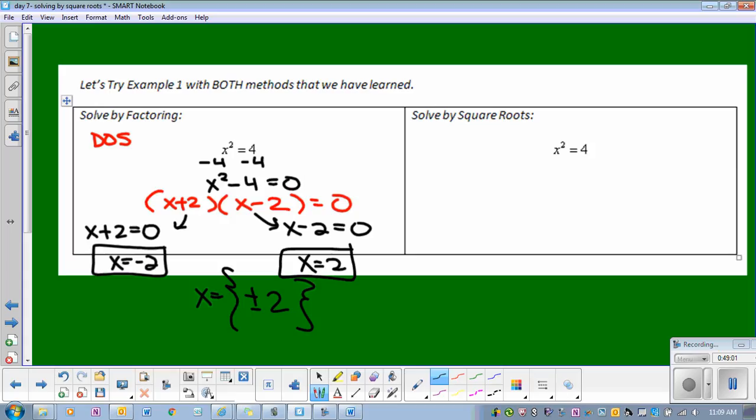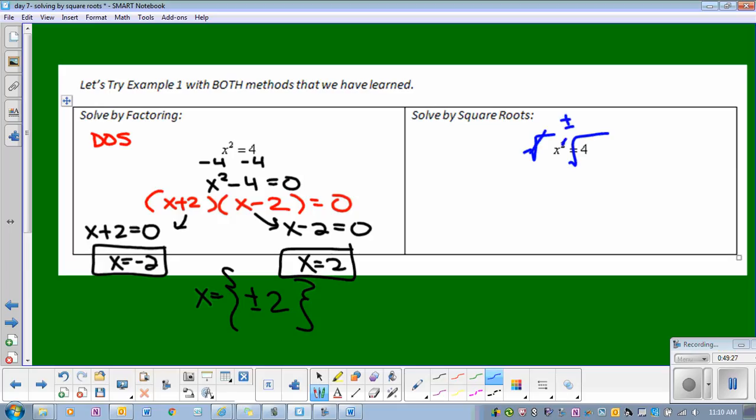But look at this. Solving by square roots, what we just did, right? It's already at x squared equals. So how do I get rid of the square? You square root it. All right, so square root that side, square root this side. When you draw the square root, what do you have to put? Plus or minus.